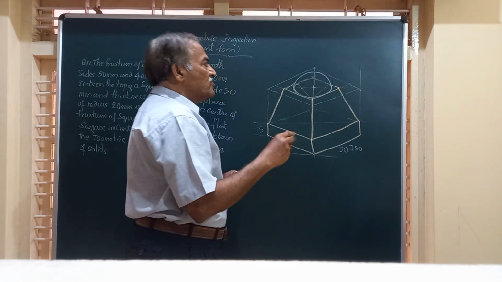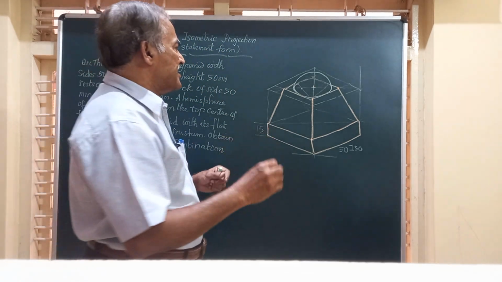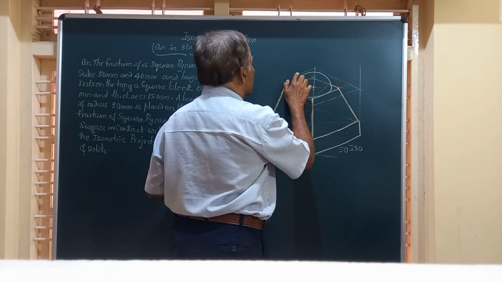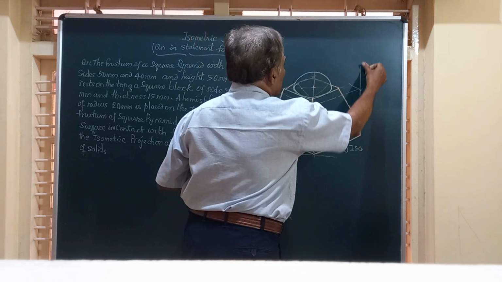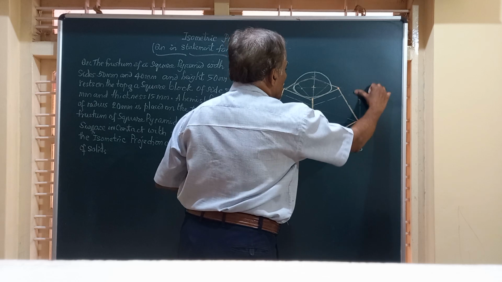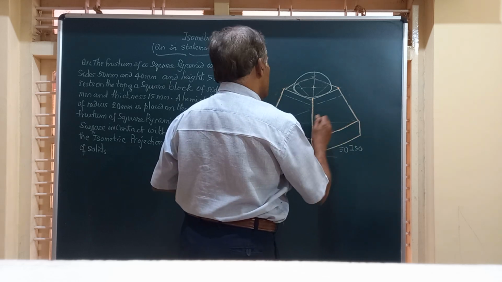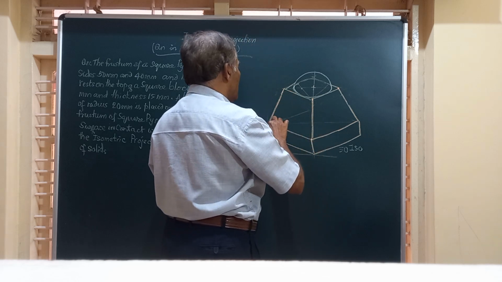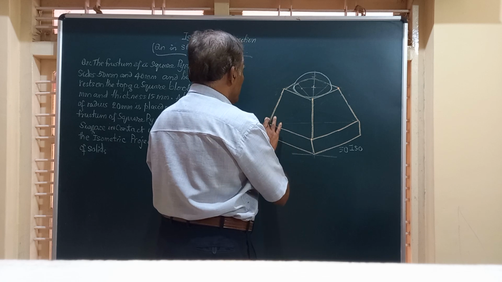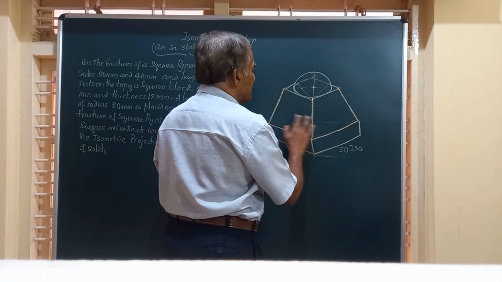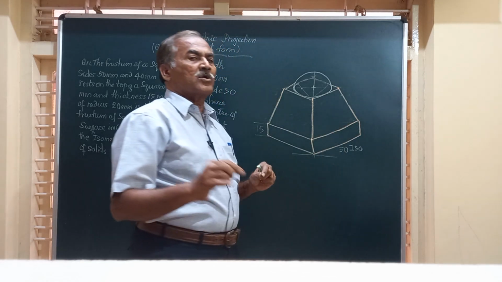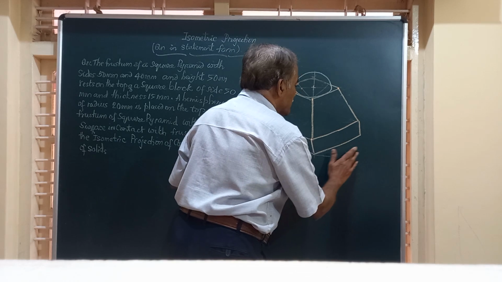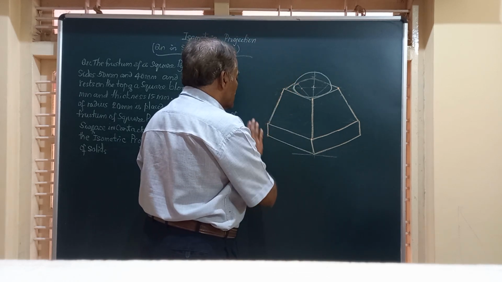Friends, now to make this drawing look attractive, I am going to remove all these construction lines so that you will be able to see a better picture of the isometric projection of the combination of solids. So let me remove all these lines. And in fact, in the isometric projection, we do not even show any of this angle or any dimension. So it's going to be only a figure with three solids combined.